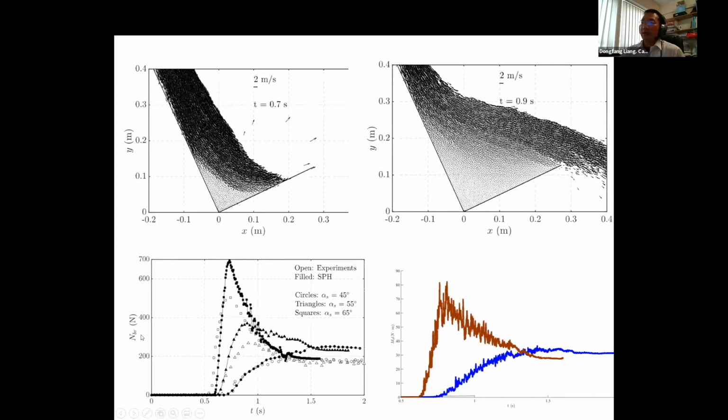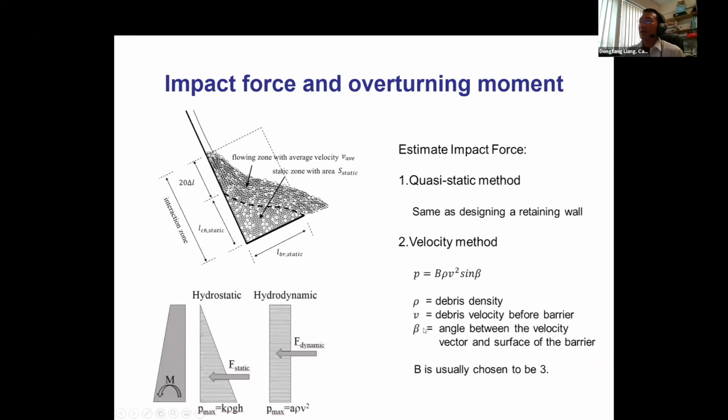We calculate the impact force variation with time, and also the overturning moment variation with time. The main conclusion is that the force on the retaining wall can be regarded as composed of two components. One is the hydrostatic part corresponding to this triangular stagnation zone.